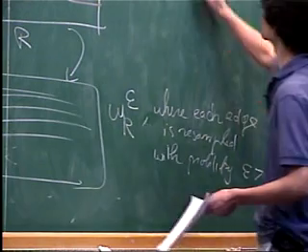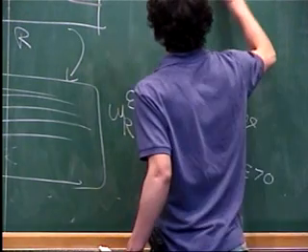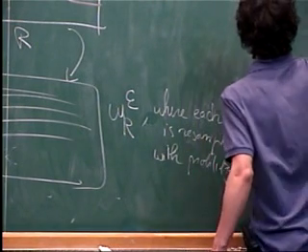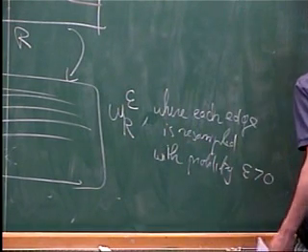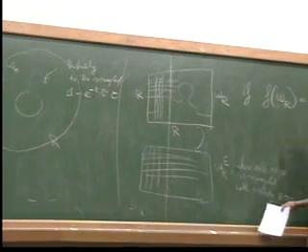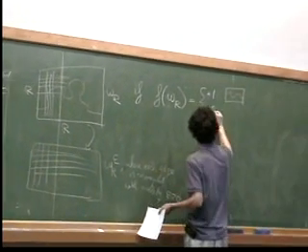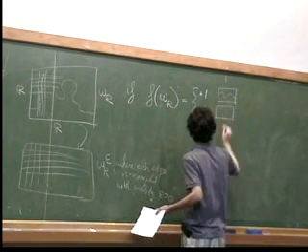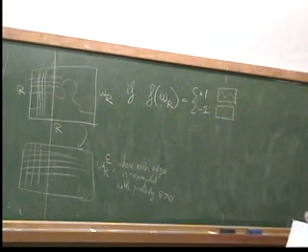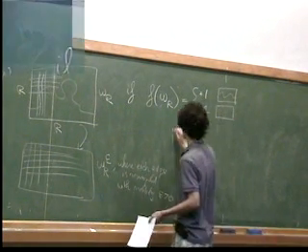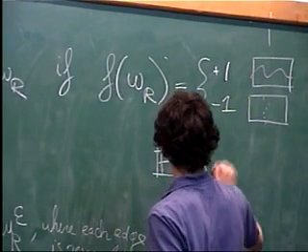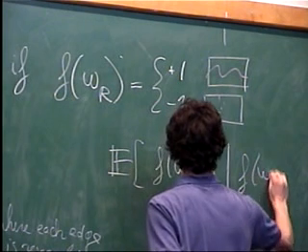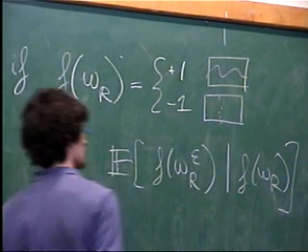So if this denotes 1 if there is a left-right crossing, and -1 if you don't, then you want to know what is the expected value of this, knowing this.